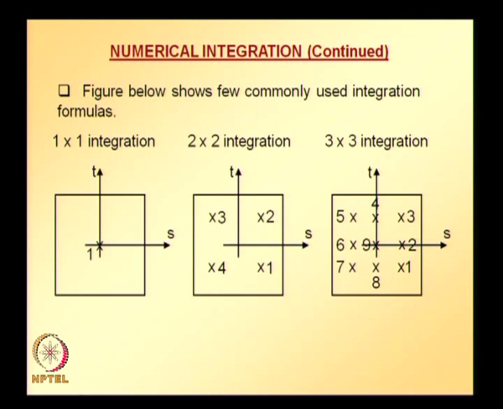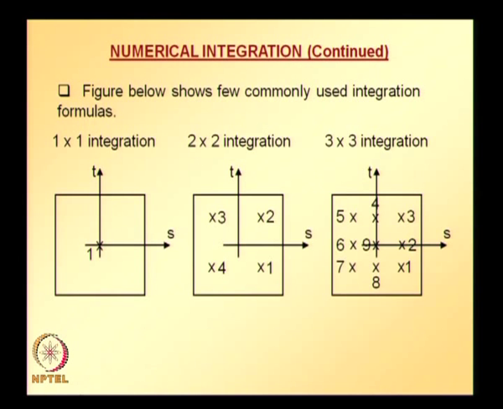And 2 by 2 integration, 2 Gauss points are taken in the direction of s, and 2 Gauss points in the direction of t, so it results in a total of 4 integration points.